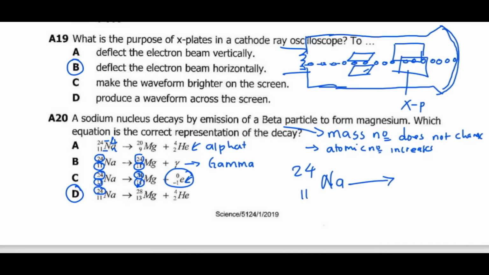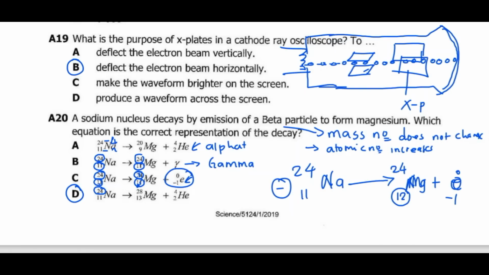Whenever it emits beta, the mass number does not change. That is okay. The atomic number increases, so you're expecting to get a 12. So 12 magnesium, then plus this E. So this should be the correct answer.